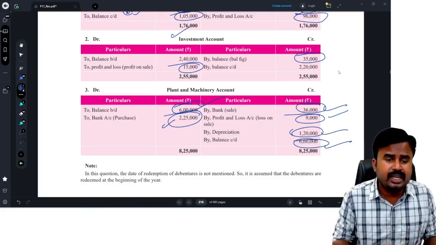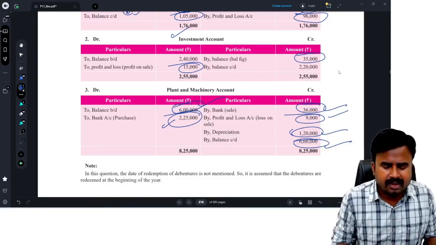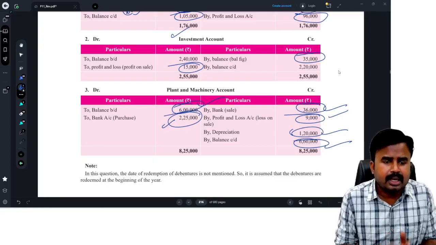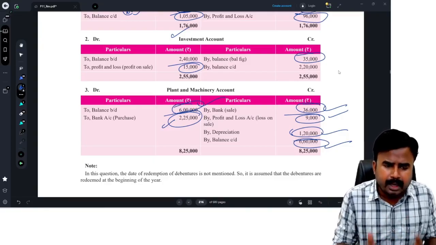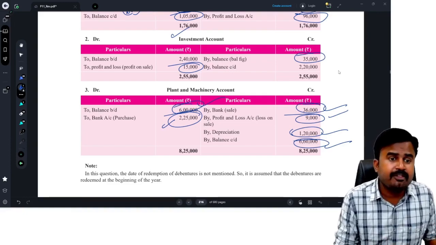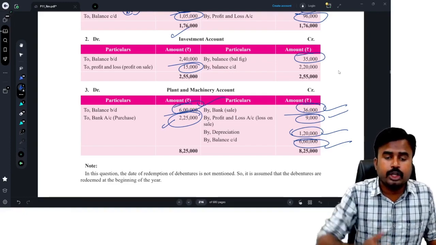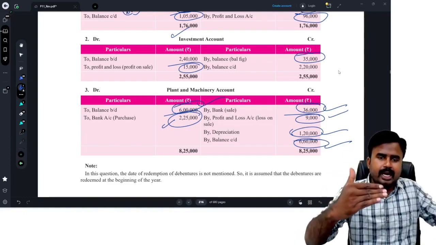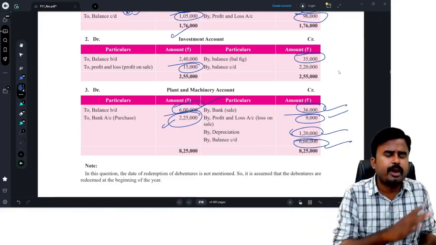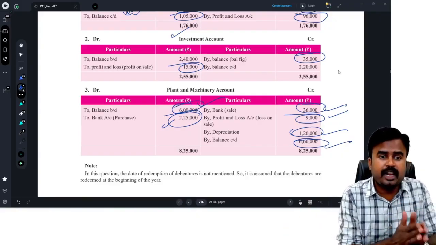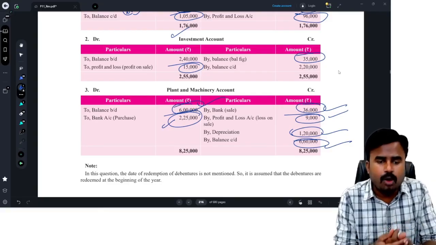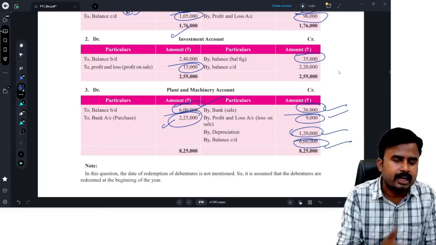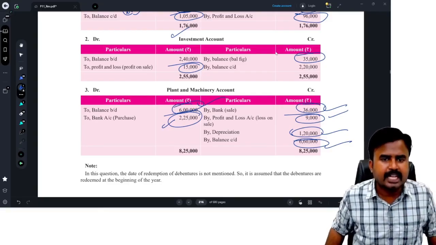Because these sums will take longer time to understand. I've explained with a high speed. It doesn't matter, just to understand the content. You better prepare these problems very carefully by preparing every working note. You should start with assets and you should end with liabilities. Then only you can prepare all accounts thoroughly. Only after preparing accounts, after preparing all working notes, you can prepare cash flow statement. Remember that. Okay. With this, the cash flow statement is over.